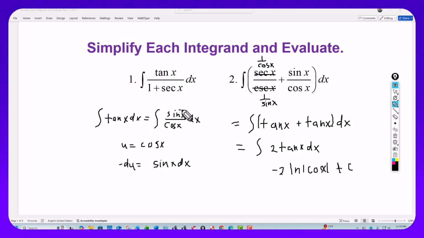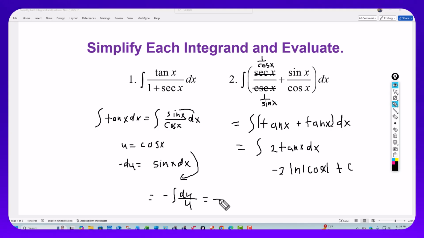So this sine of x dx can be replaced by minus du, and cosine of x can be replaced by u. So we come back over here, and this will be a minus the integral of du over u.